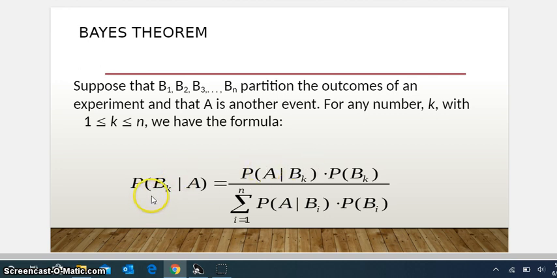When you want to calculate such types of conditional probabilities, we use Bayes theorem. The definition of Bayes theorem is like this. Suppose that B1, B2, B3 and so on Bn partition the outcomes of an experiment and that A is another event.